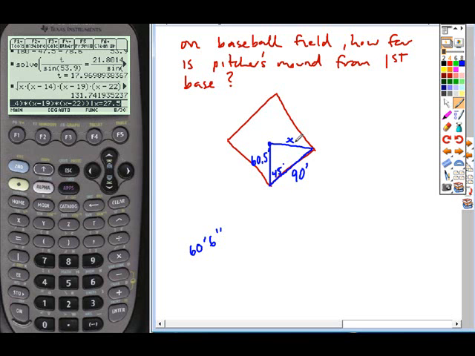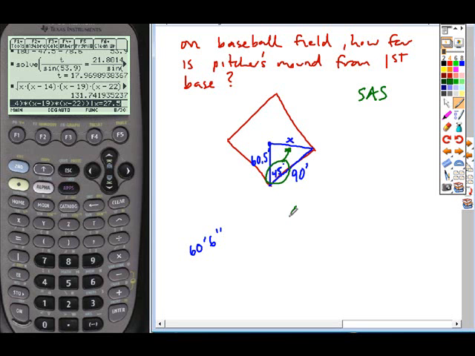Did anybody get a measure? Which rule, or law, are we going to use? Our pattern is SAS, right? Two sides and the included angle, so we have our law of cosines. Remember, the angle involved and the piece opposite that are always going to be these two outside measurements.